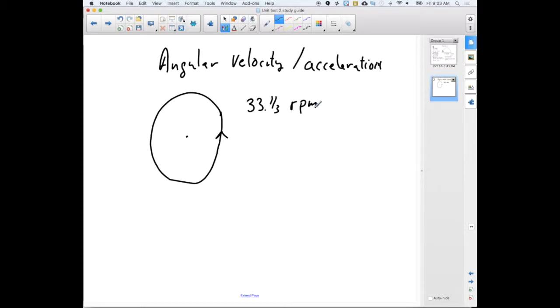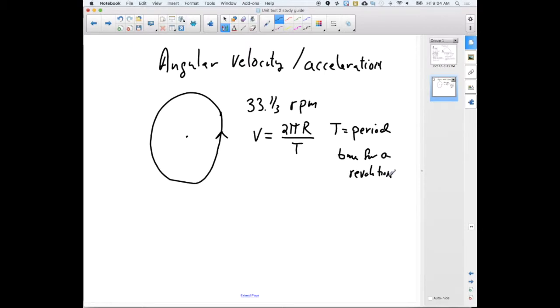So I can define a velocity based on that by saying that velocity is equal to 2 pi r over t, where t is the period, the time for one cycle, or time for a revolution.